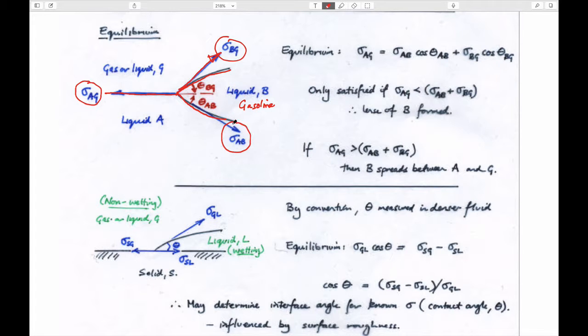And so, if this force towards your left, my left and your left, is larger than the sum of these two other forces, then that interface will physically scoot across and it will completely cover this boundary. That's kind of what happens if you put gasoline on top of water.